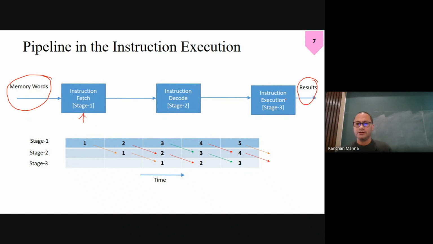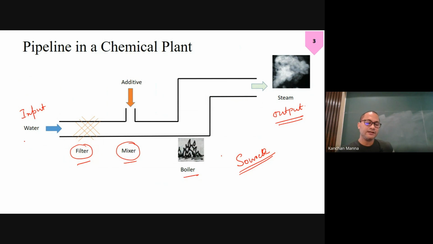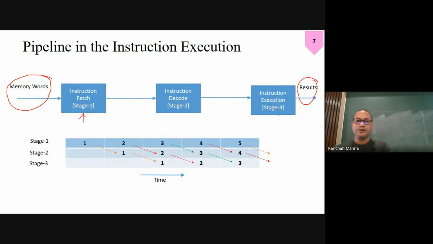Now if we perform the parallel reasoning with this, the water is nothing but our instruction, and the steam is nothing but our output, the execution result of the instruction. Here we have 3 stages, and this x-axis is the time axis.